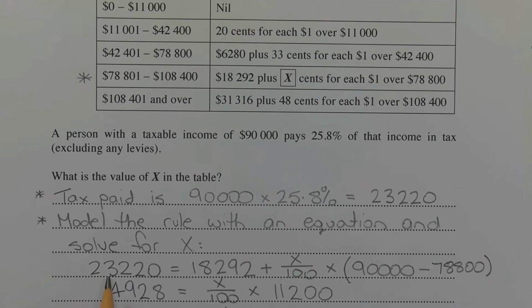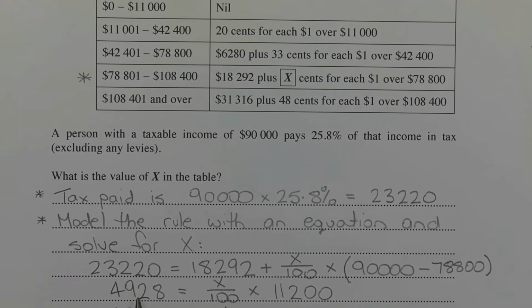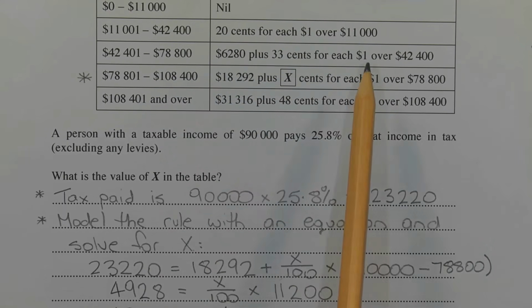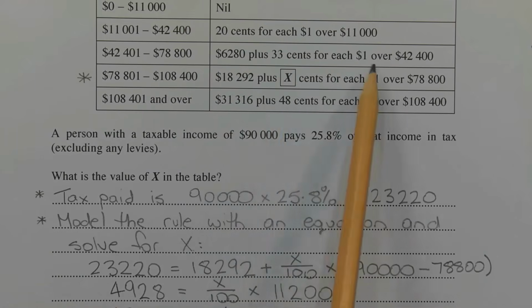So the equation I'm going to use to model the rule is 23,220, which represents the amount of tax paid on this taxable income, and that equals $18,292, which is from this value here, plus x over 100. Now, this part of the rule here, x cents for each dollar, can be interpreted as a percentage.